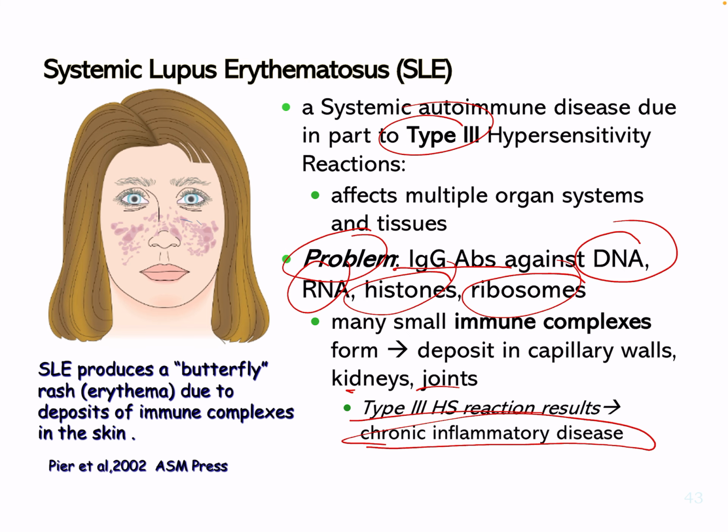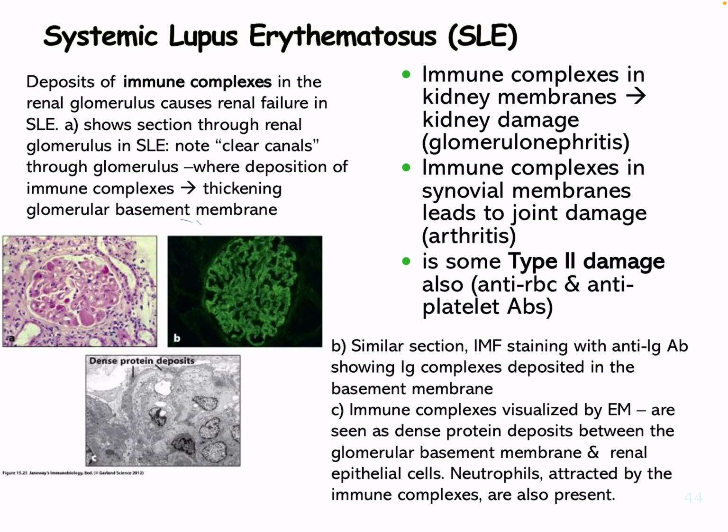conditions in many organs. These deposited immune complexes end up in the renal glomerulus, which causes renal failure in SLE. These show a section through the renal glomerulus. Here's A. You can note the clear canals through the glomerulus where immune complexes deposit. There's the thickening glomerular basement membrane.